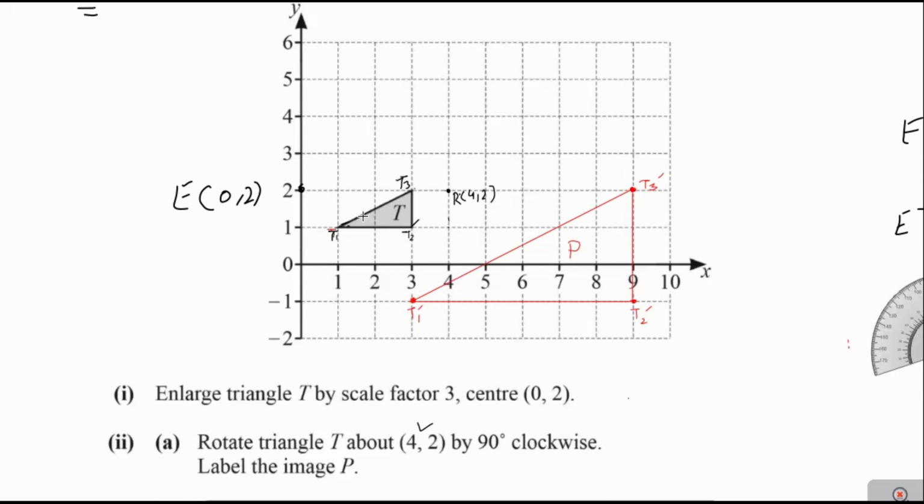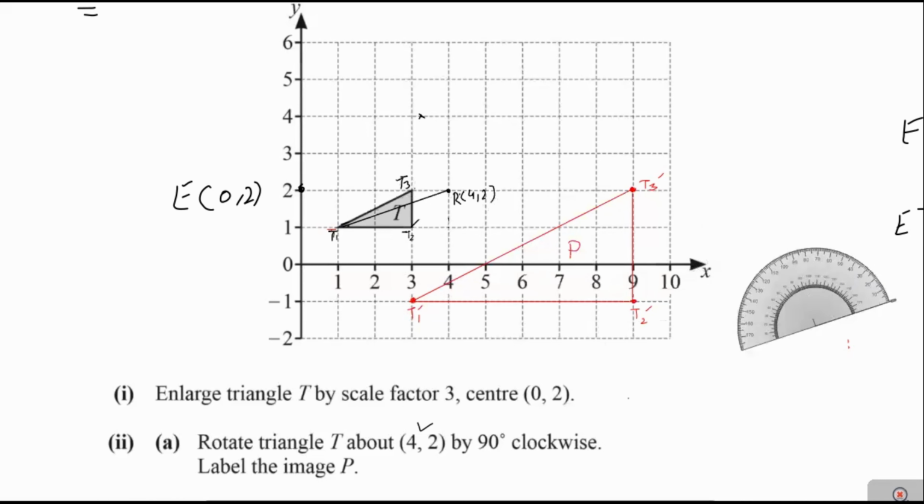Firstly, we join T1 to R. Now you can see here, this is T1R. Now we will take 90° of T1R, and this is the 90° point. This point is 90° clockwise.